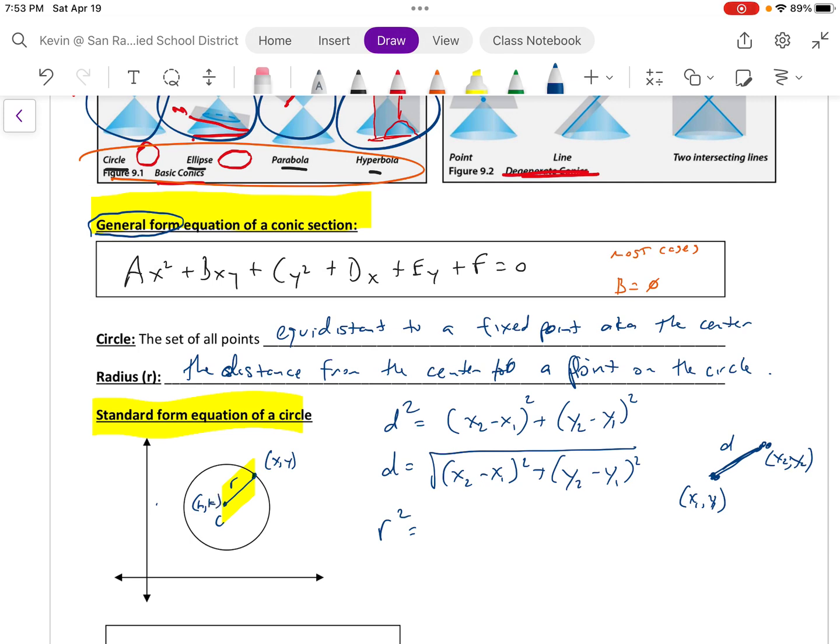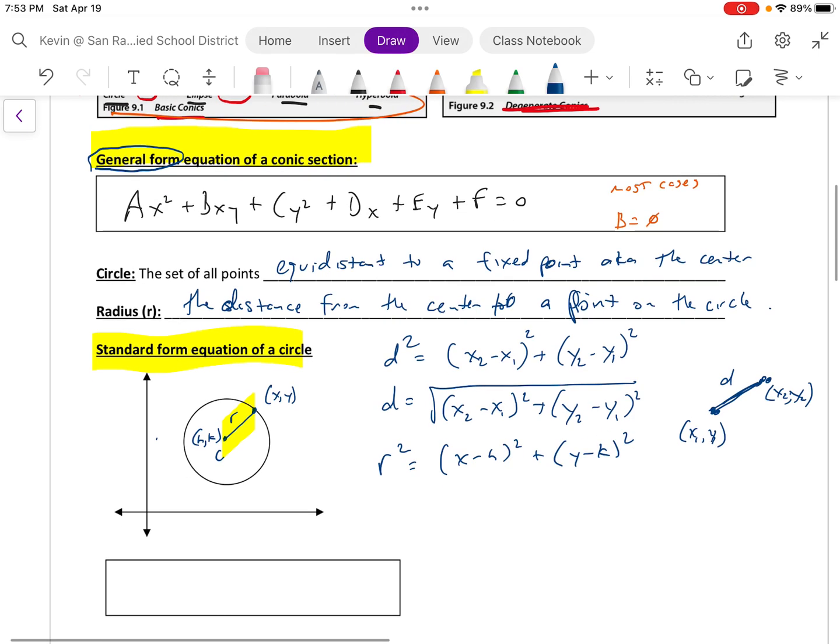The standard x and y value for the center is denoted by h and k. The h is the x value, the k is the y value. So this would be x minus h squared plus y minus k squared. And we typically write it like this.